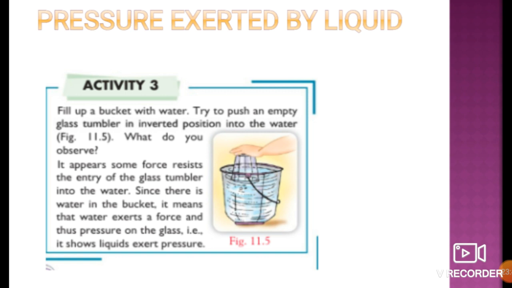You have to feel whether liquid exactly exerts pressure or not. Do it practically. By this activity you will get an idea that yes, water really exerts pressure, and how it feels.